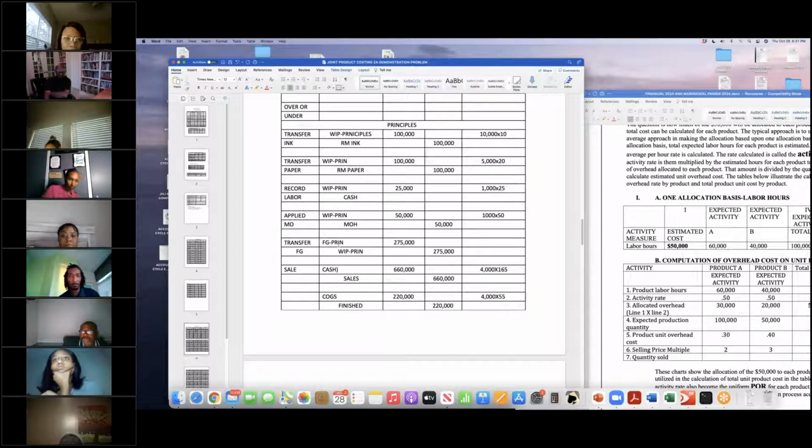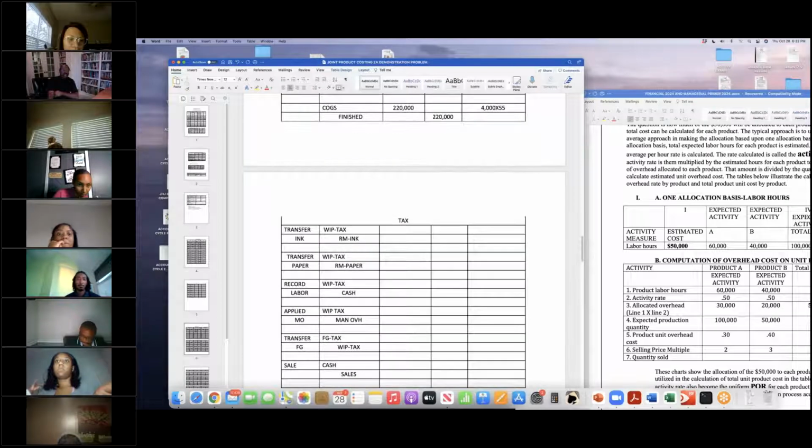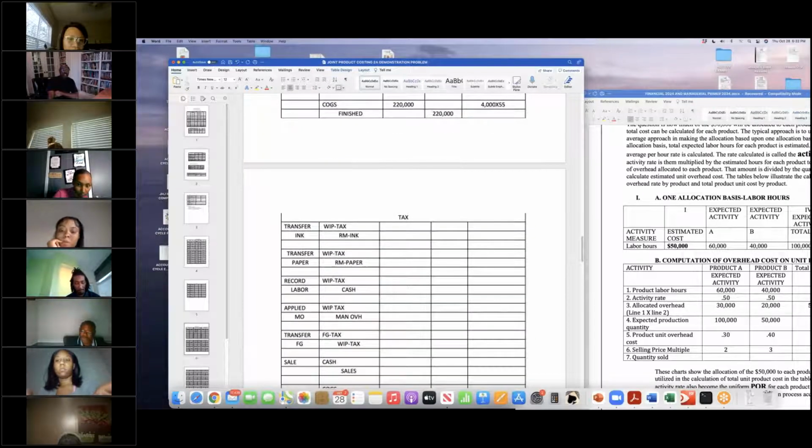We transferred all of those costs to finished goods. We sold 4,000 at that sales price that we calculated, 165. And we did the costs and took them out. So these are the same journal entries we were working with before, but we got them for principals. Now we got to turn around and do them for 2 items.